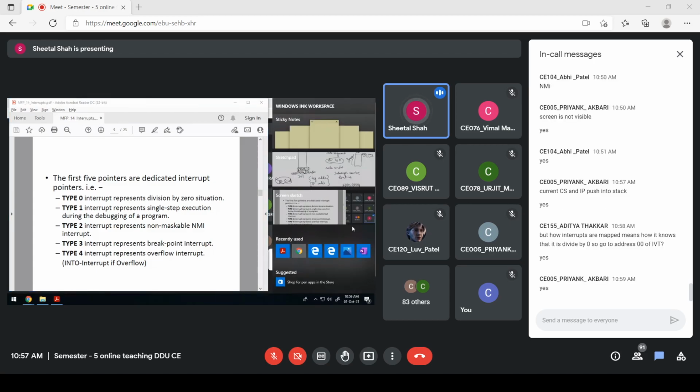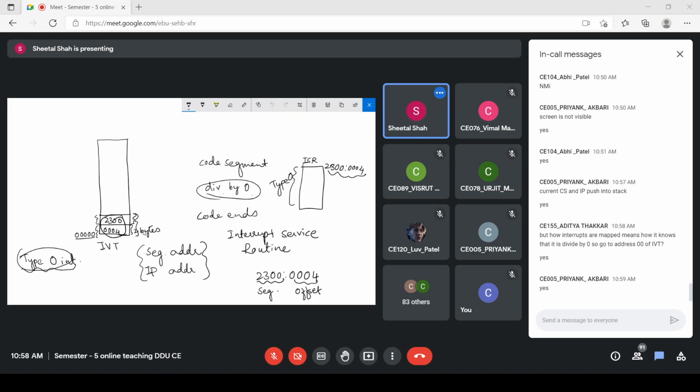So by default, if it is type 0, what it actually does is 0 into 4, which is equal to 0. Then at this address 0, it has the offset value, so the IP value would now have this 0004.